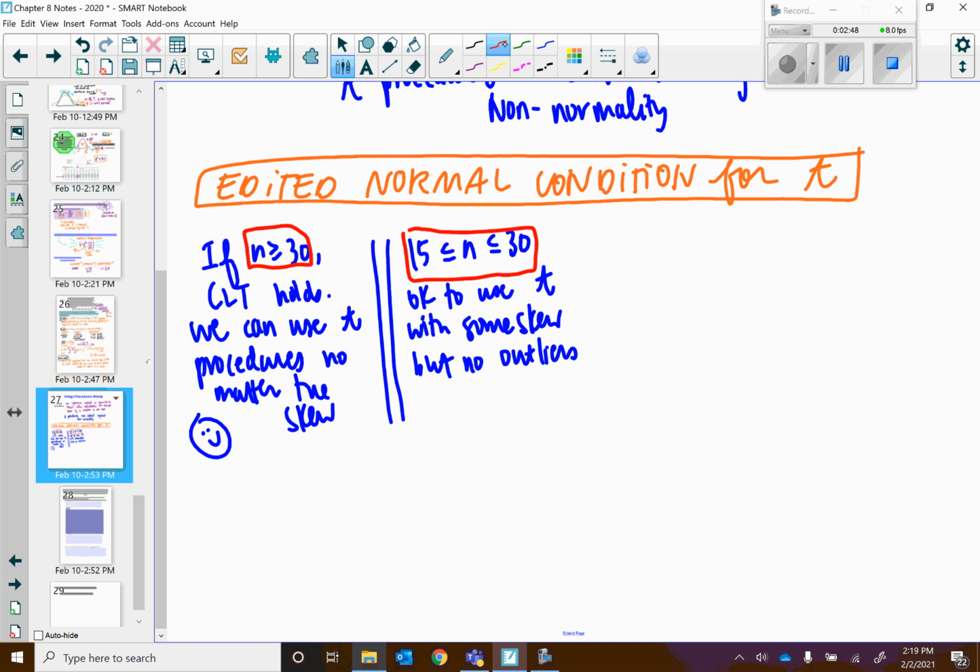Now, when I'm talking about skew, we're talking about our sample distribution. And so for this condition, you will need to plot your data.